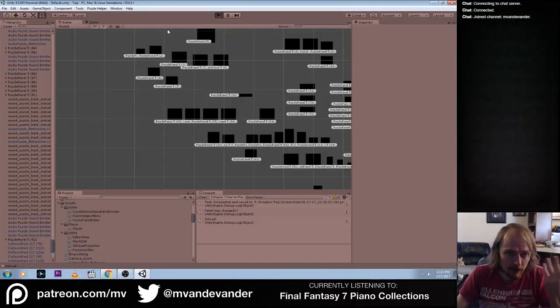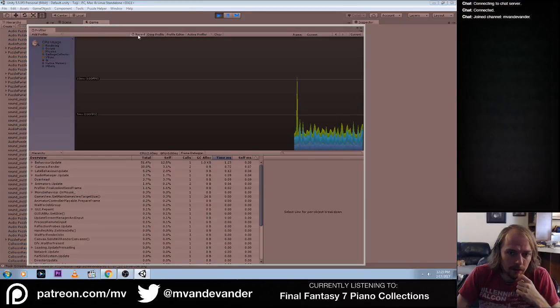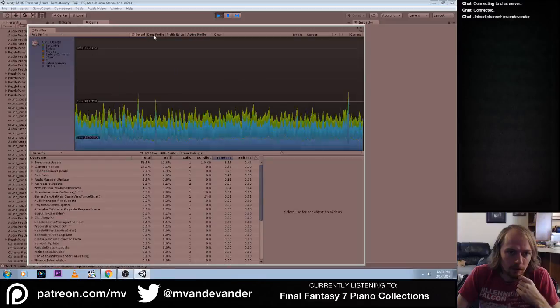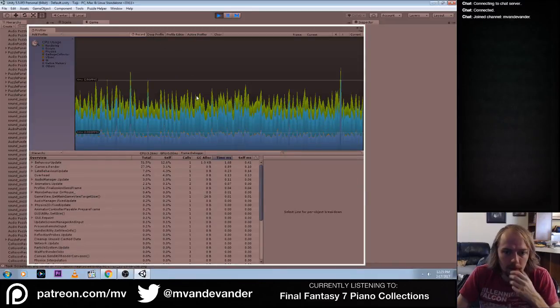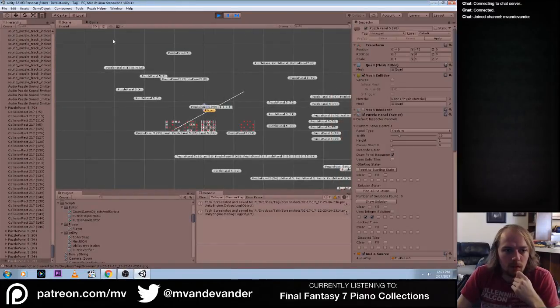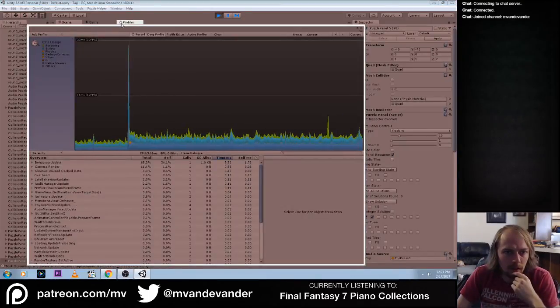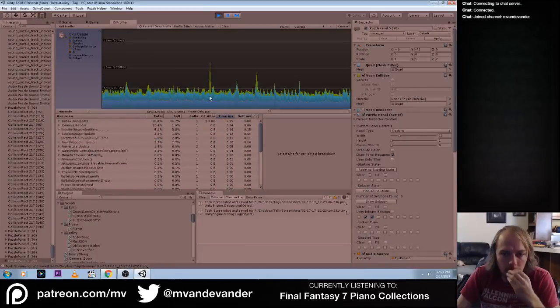Anyway, so what I want to do is profile the solution finder to see what is going on. Let me try a deep profile. Can I dock the profiler? Okay, I guess I can.